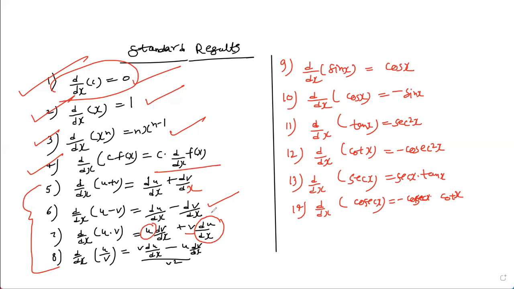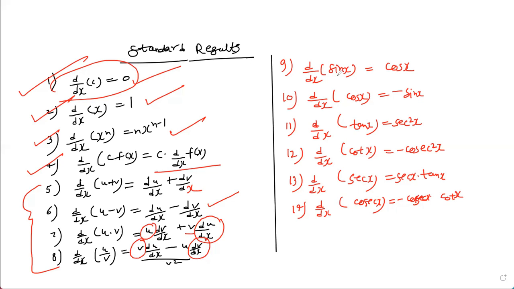And for the division, the one in the denominator will come in front, you differentiate the one that is in the numerator, minus you keep the one that is in the numerator outside and differentiate the one that is in the denominator, divided by the square of the function which is in the denominator. Okay, so these are the few basic standard results that you can directly use in sums.